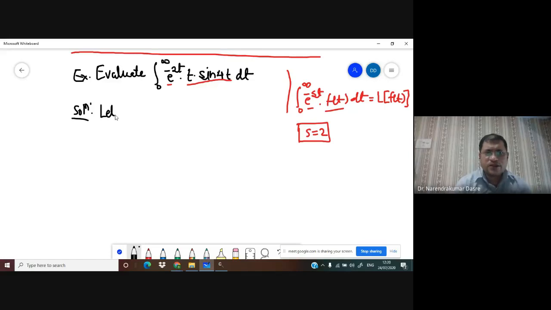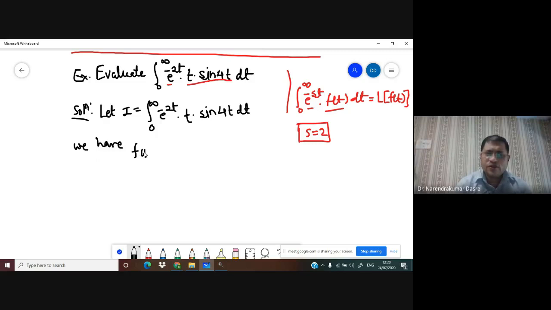So what we can do is let I is equal to integral 0 to infinity e raised to minus 2t t into sine of 4t dt. Okay, so always write the given thing. Then we have, after comparison, f of t. We don't have to write what is s, we have to write what is f of t. So f of t is equal to t into sine of 4t.